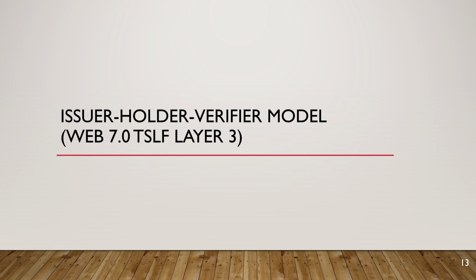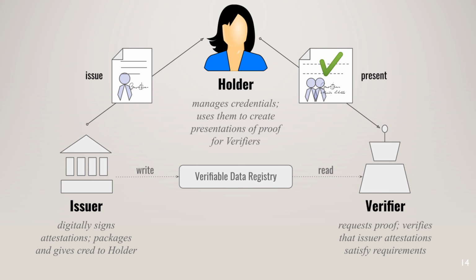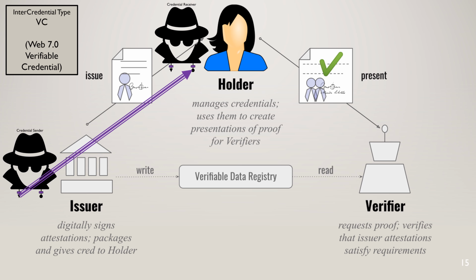Let's look at one more model, the issuer holder verifier model. People are familiar with it. So here's the issuer holder verifier model from the Wikipedia article by the same name. And let's see how the verifiable credential sender receiver model maps onto it.